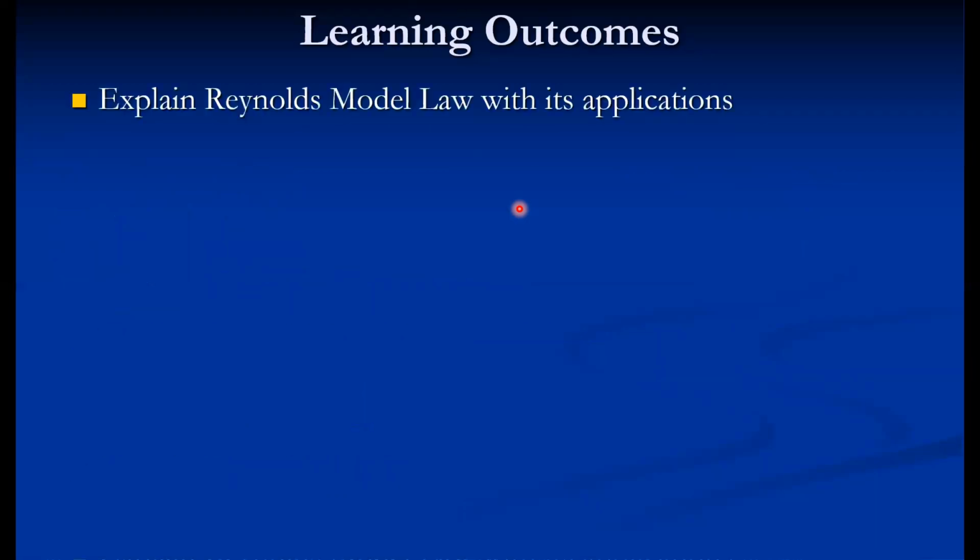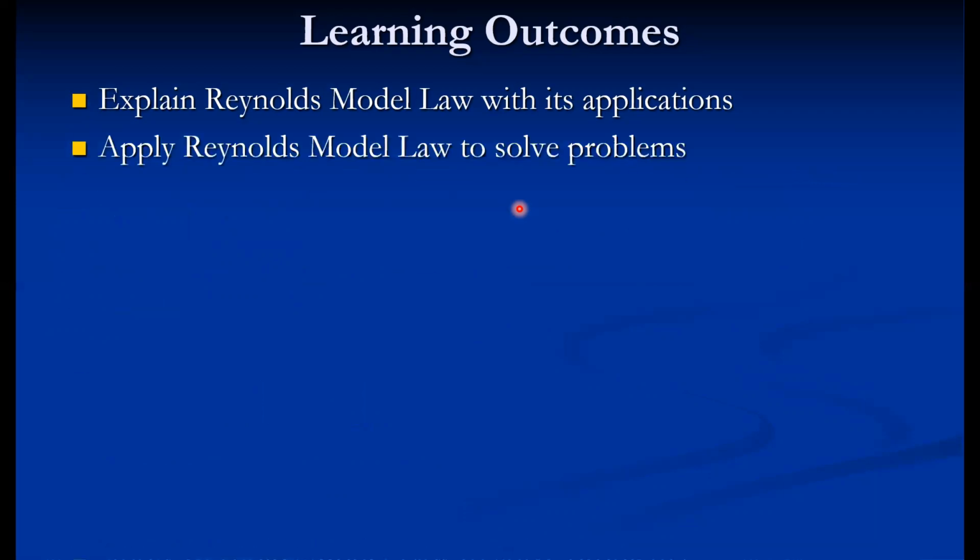At the end of this session, you should be able to explain what Reynolds Model Law is with its application, and you will also be able to apply this Reynolds Model Law to solve engineering problems. But the crux of solving problems is identification of the suitable model law. Here we are discussing this model law separately, so it is not difficult to recognize.